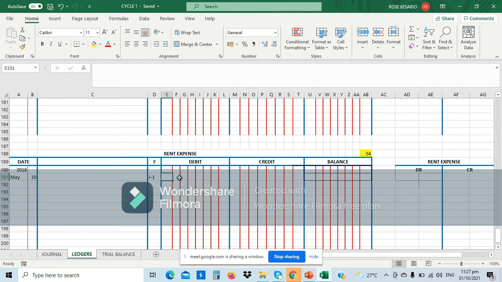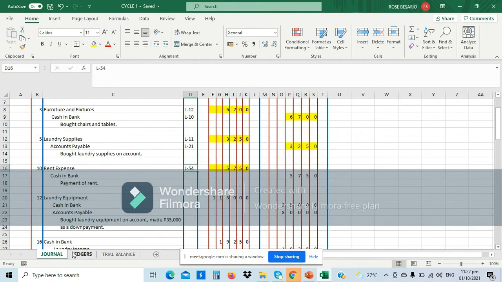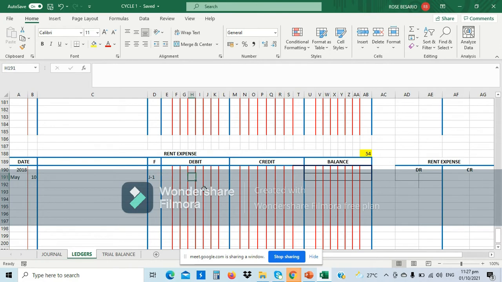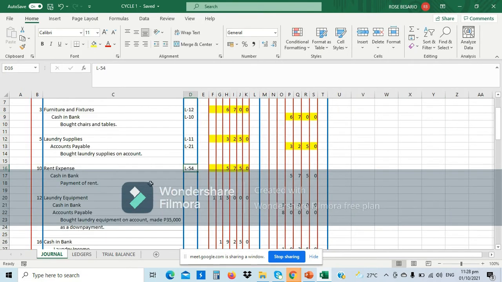So post it on the debit side, 5,750. Okay, and then extend to the balance column, 5,750. And then in your T account, you'll have May 10, then 5,750. Okay, so debit side. So that's for rent expense.